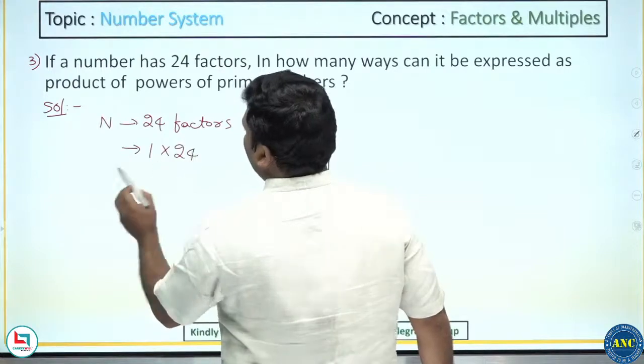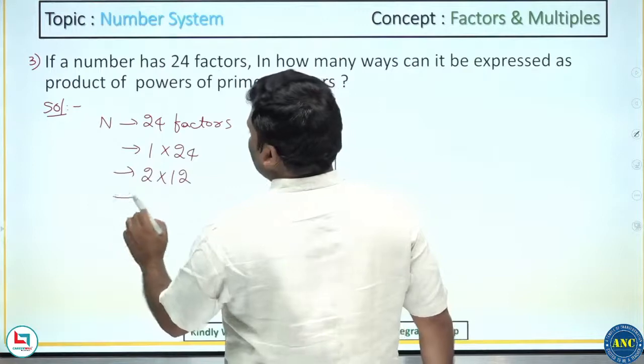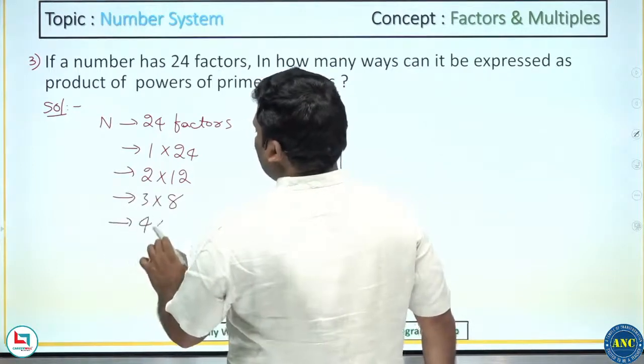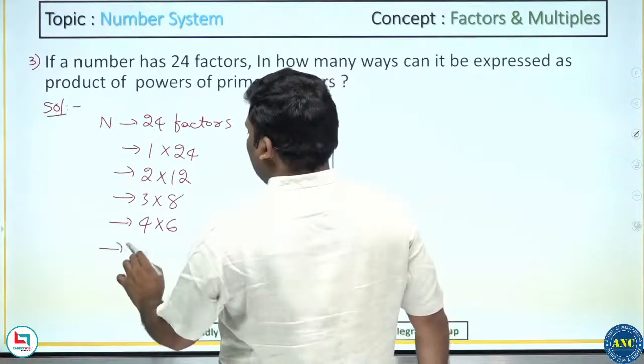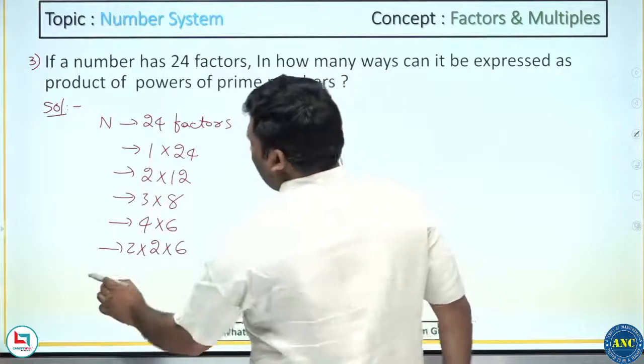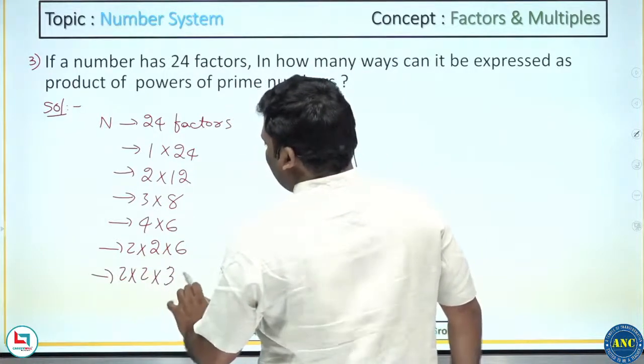Keep on decomposing it. 2 into 12. Next it is 3 into 8. Next it is 4 into 6. Next it is 2 into 2 into 6. Next it is 2 into 2 into 3 into 2.